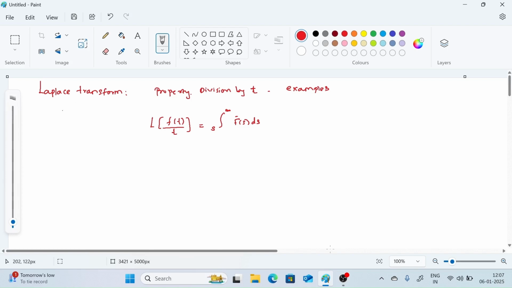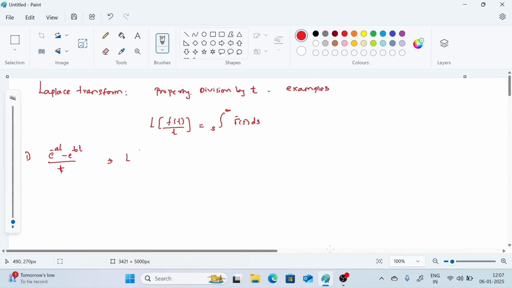Now, example first: e raised to minus at minus e raised to minus bt upon t, right? So, what we have to do?